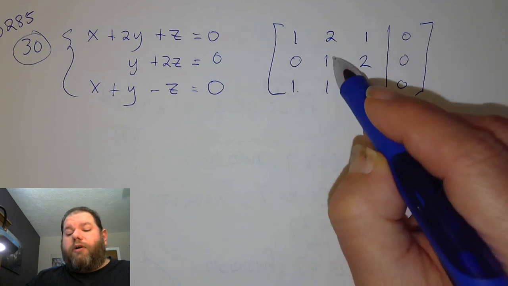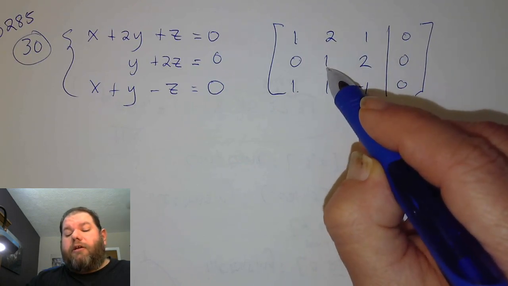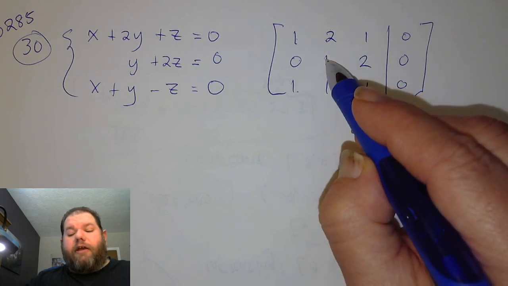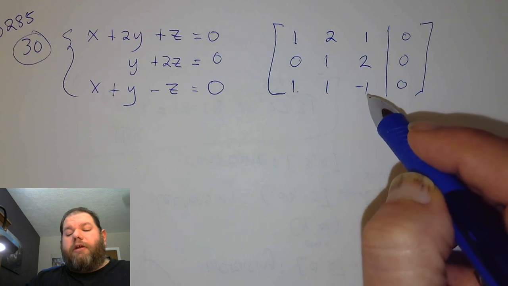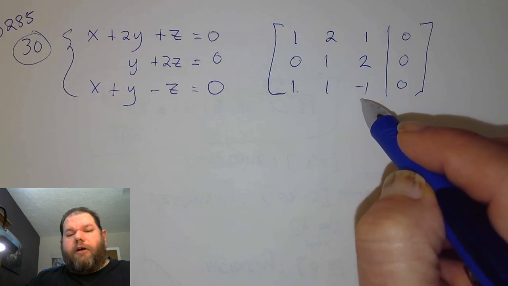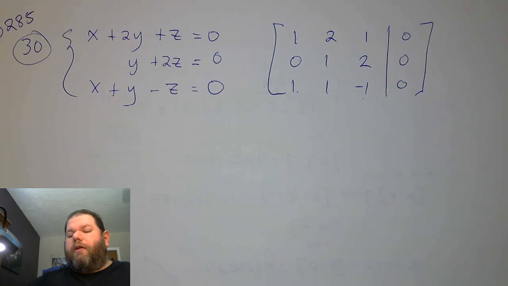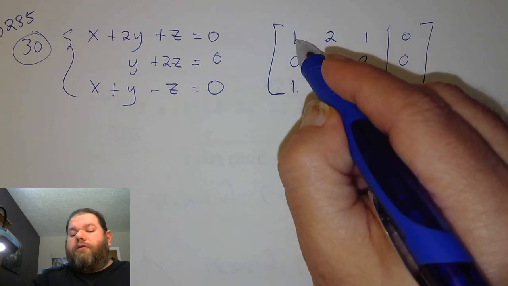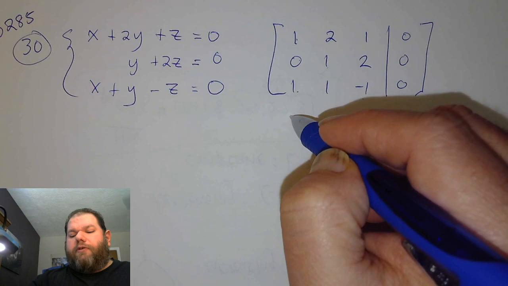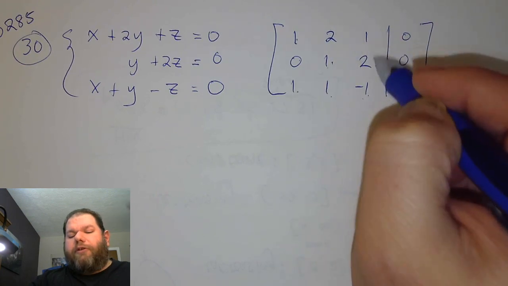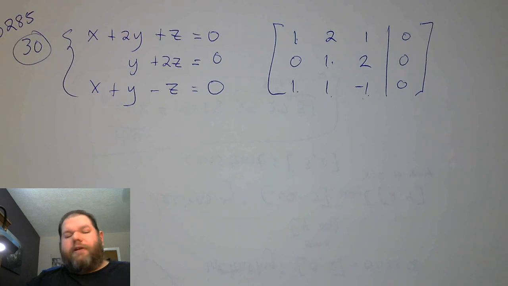We want a 1 here in the middle with zeros above and below. Then in the third column, we get a 1 in the bottom right with zeros above. That's the process we want to follow.